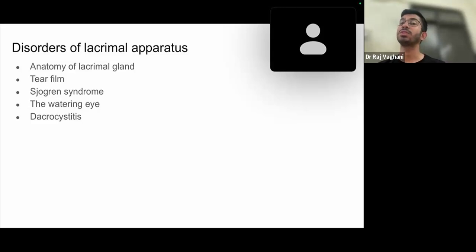You must have studied this syndrome in your pathology subject. You will also study dacryocystitis, which is a very common disease, as it is becoming more and more common. We'll study all these things. This will be dealt with in one session.